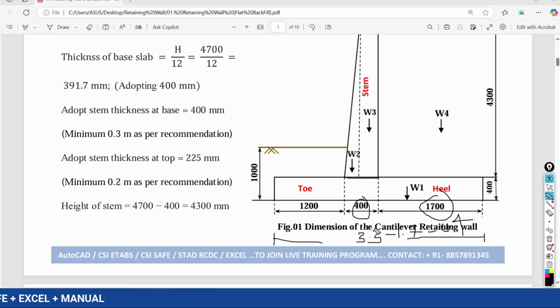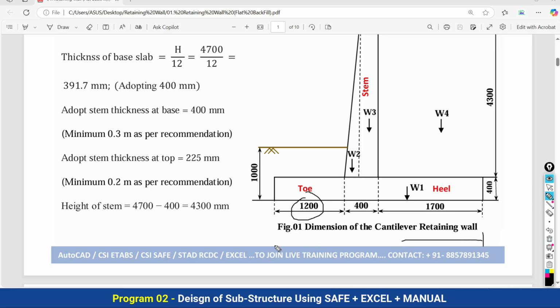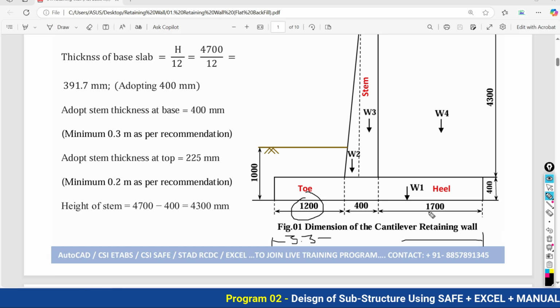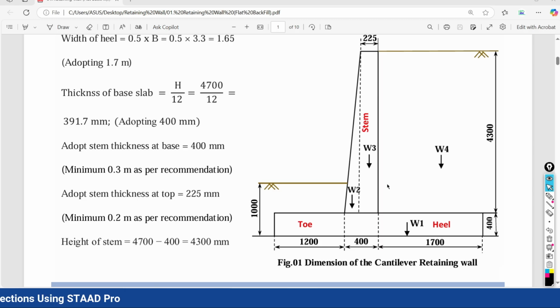If you do this calculation, you will automatically get the width of your toe. So total 3.3, minus, again I am repeating, 1.7 meter minus 0.4. So you will get 1200 mm as a toe width. So this calculation we have completed here for the dimension of the cantilever retaining wall.